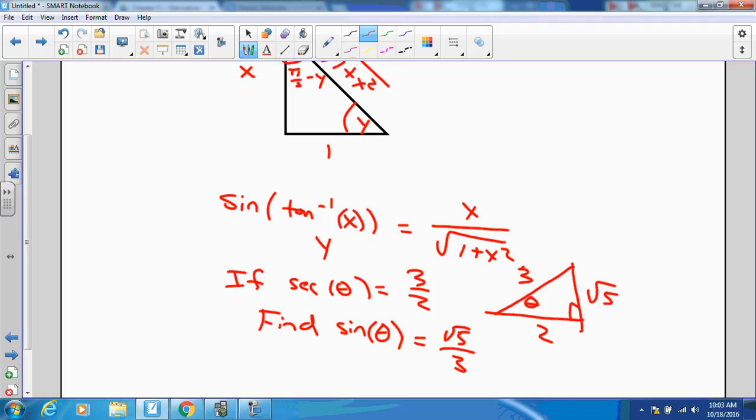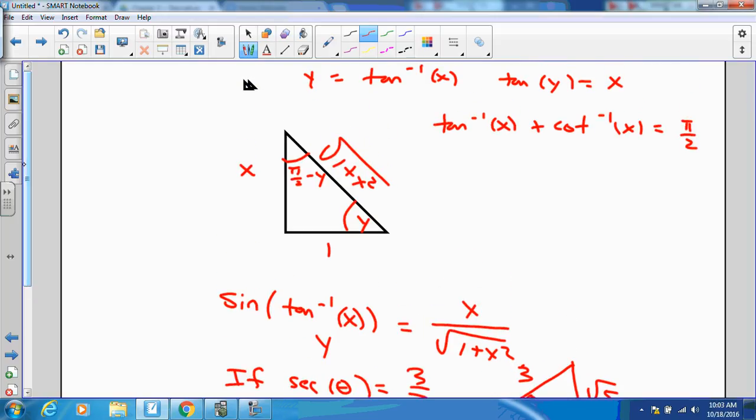Okay. Now, here's one place that gets really interesting. What is the relationship between inverse sine and inverse cosecant?